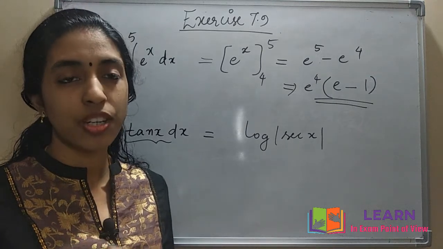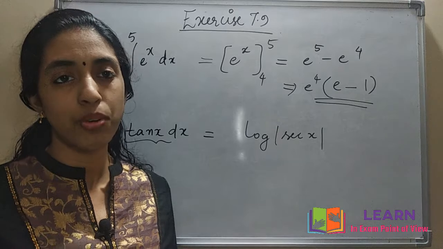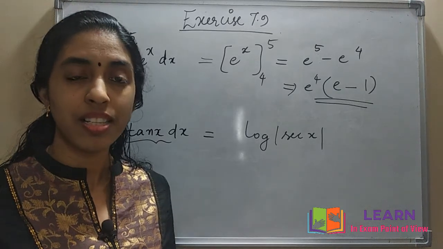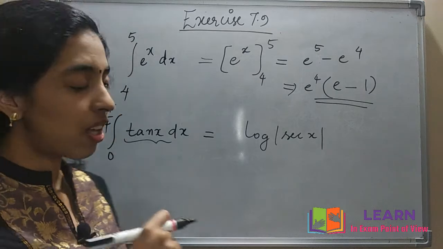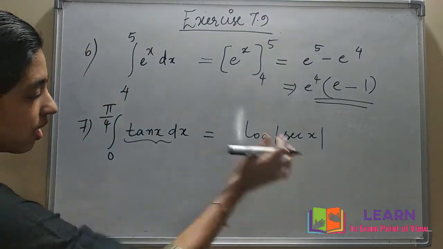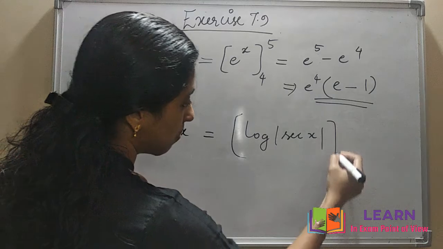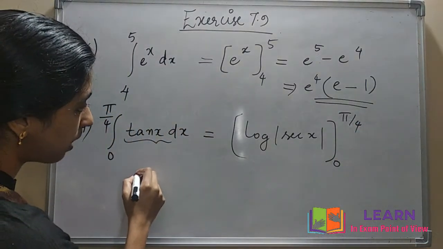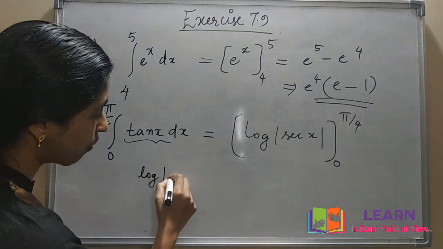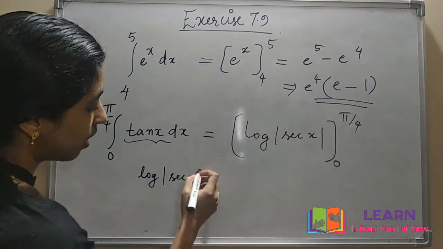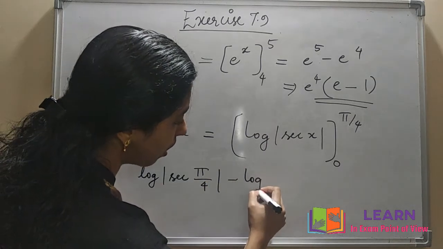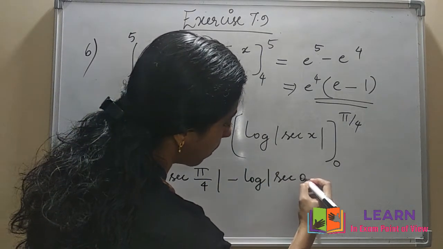So it is good to do all the problems once in this exercise, as practice and revision one more time. So it is log sec x, limit 0 to pi by 4. Apply the limit: log mod sec, upper limit, in the place of x apply pi by 4, minus log mod sec lower limit 0.